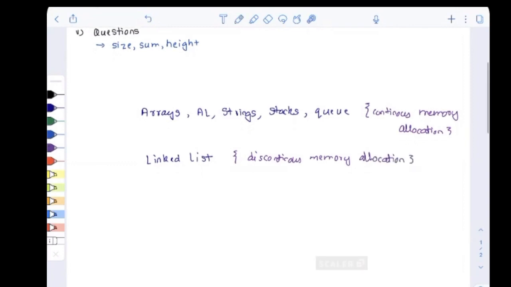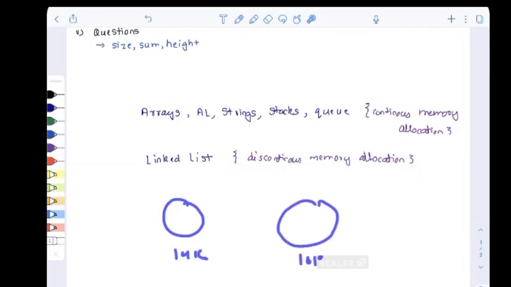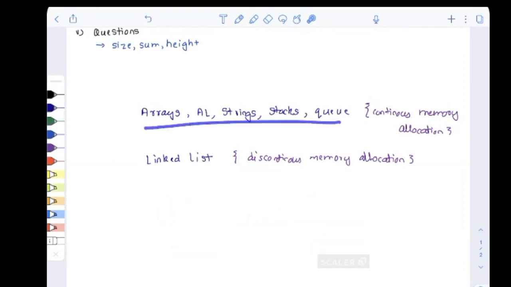Suppose one node is getting created at 14k, another node is getting created at 16k. Now you are joining them: 14k next is 16k. Got it?